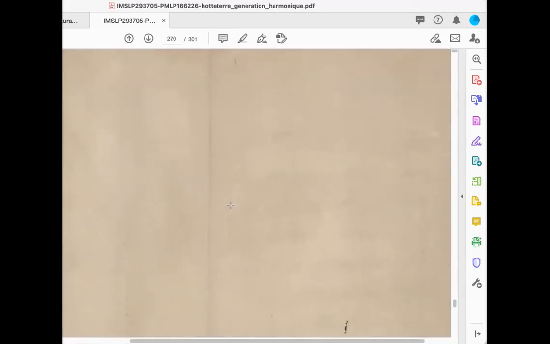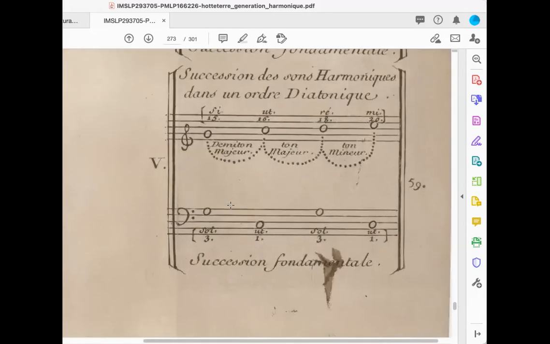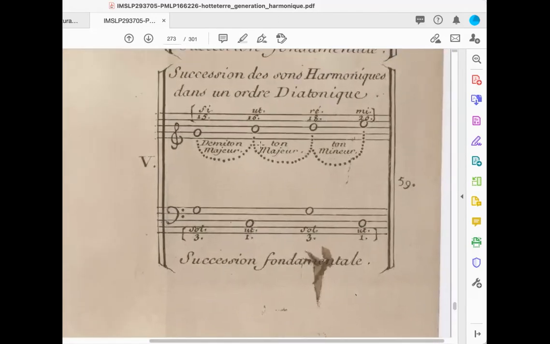Well, so much for the consonances, but what about the dissonances? Well, it turns out the dissonances are what connect the consonances, and they are all basically seconds. So we've got the semitone connects the major third to the fourth.